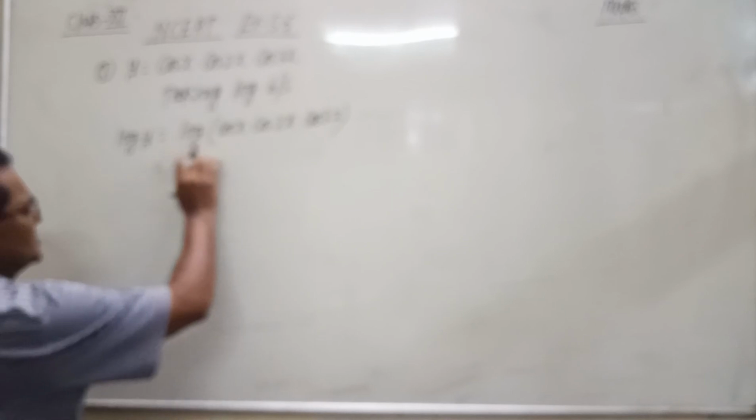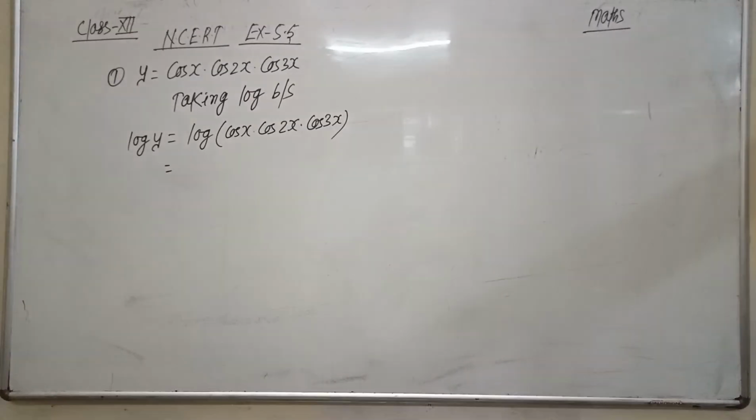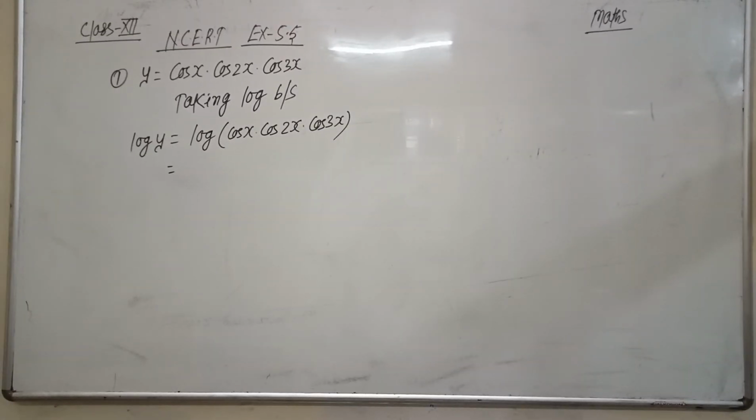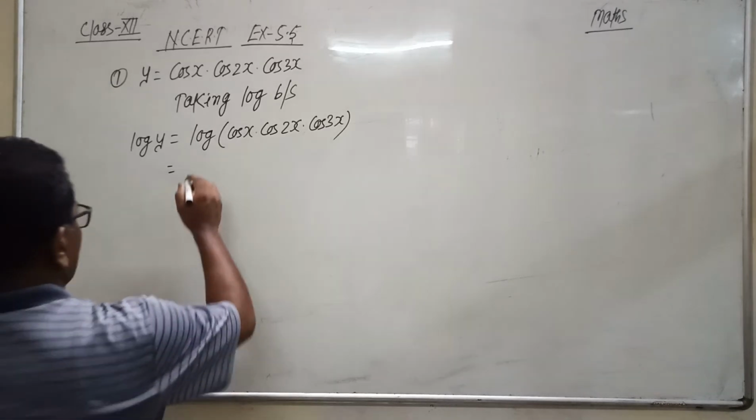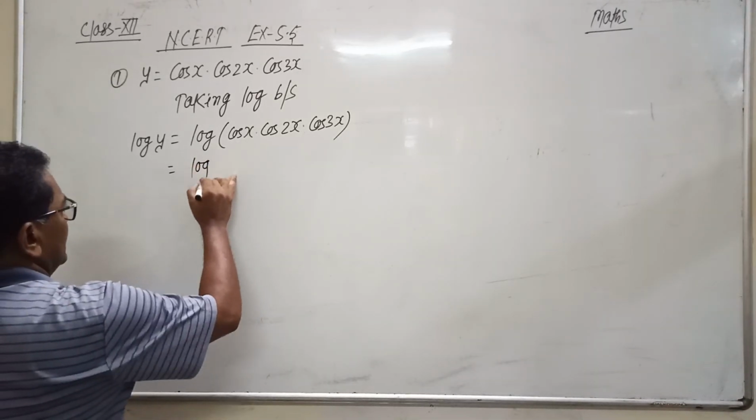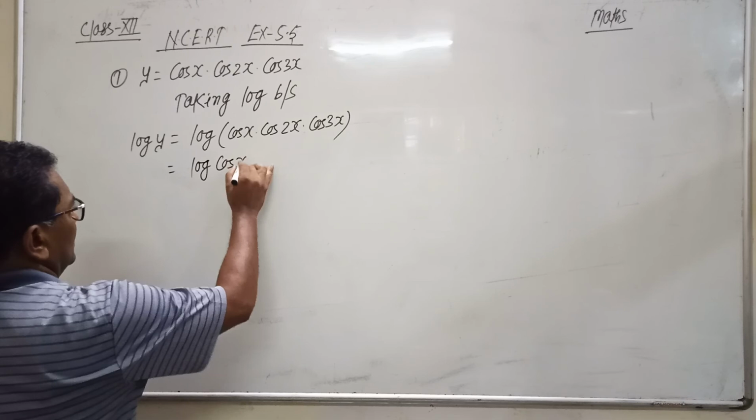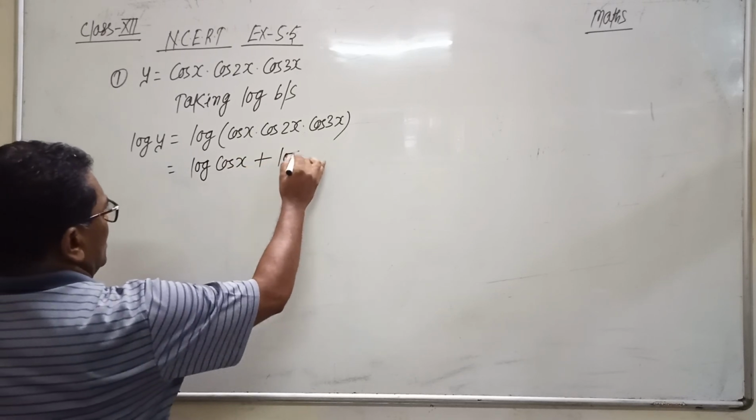And this will be expanded using the log property. Log of a into b into c is written as log a plus log b plus log c.